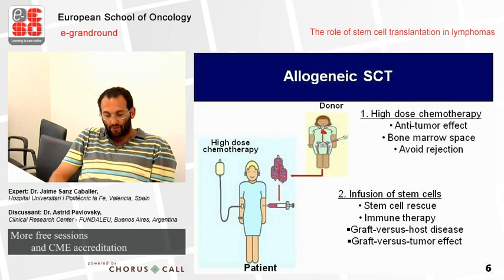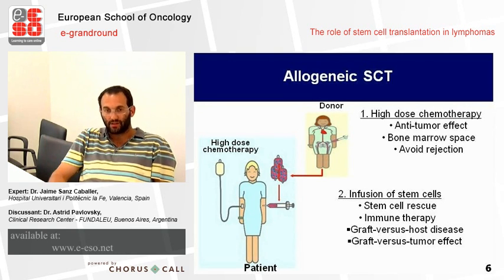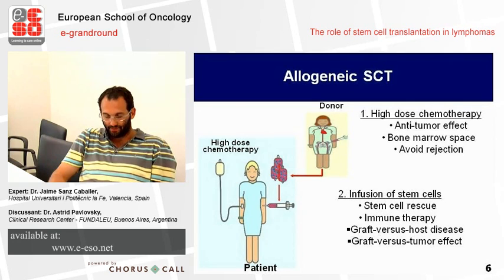The first part of the procedure of allogeneic stem cell transplantation is not very different from the autologous transplant. The patient receives chemotherapy, then stem cells from an HLA-compatible healthy donor are infused through the central line. Around 14 days later, the new bone marrow generates functional peripheral cells from the donor origin.